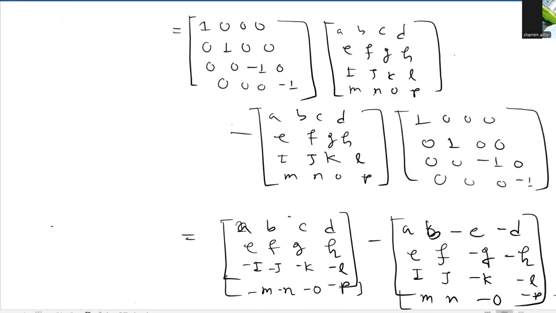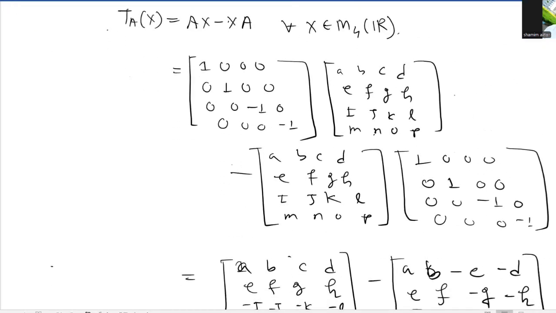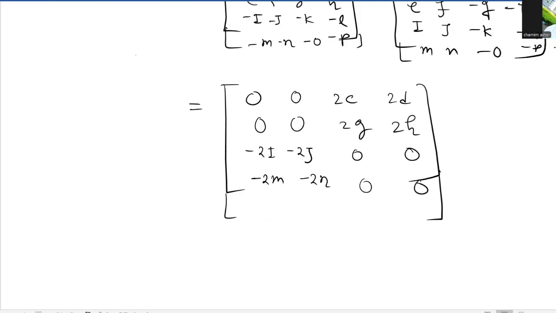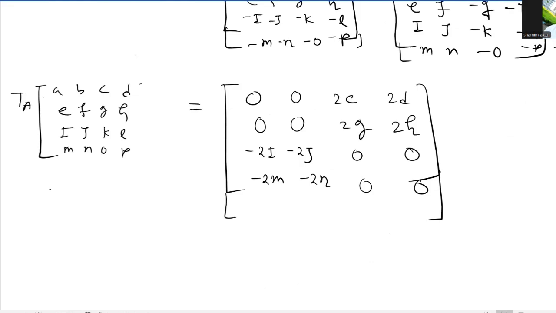So finally, T_A(X) for X with entries A through P equals this map.